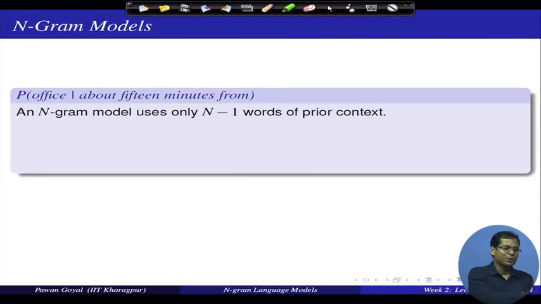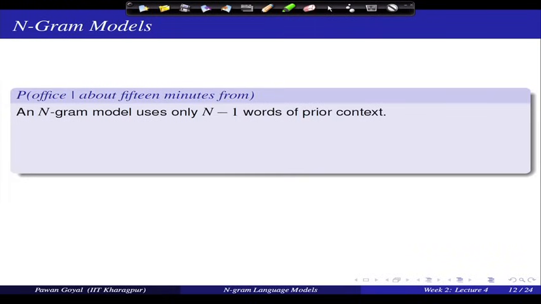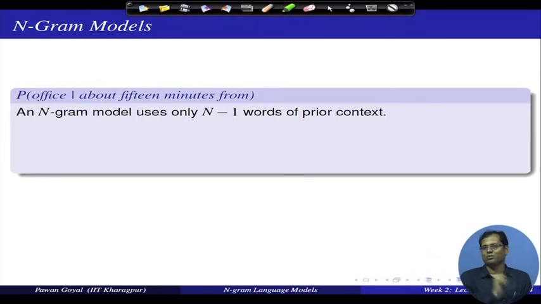Okay, so if I am using only the previous word, that will be a bigram language model. So in general, if I am using only n minus 1 words of prior context, I am defining an n-gram language model.